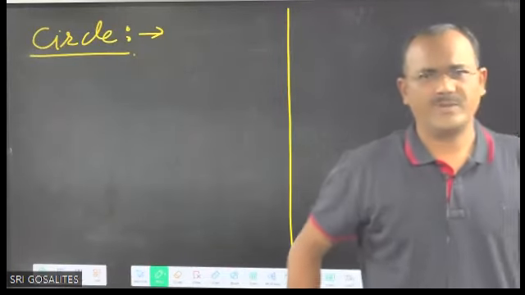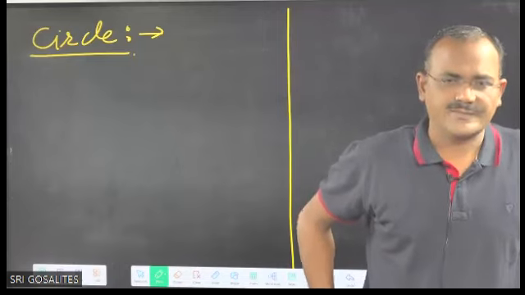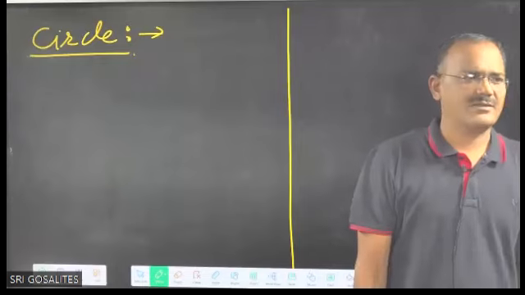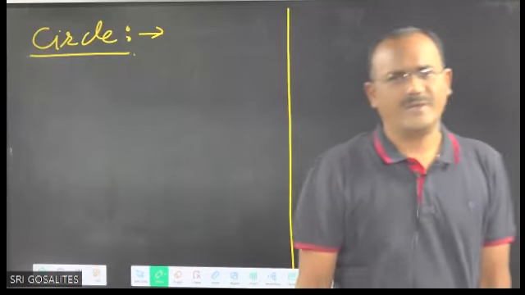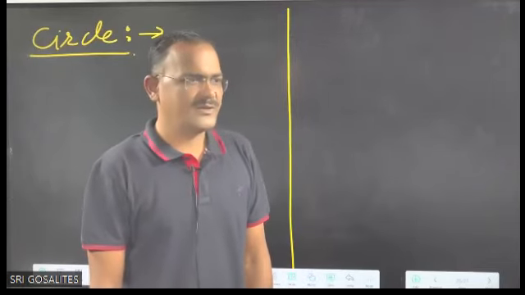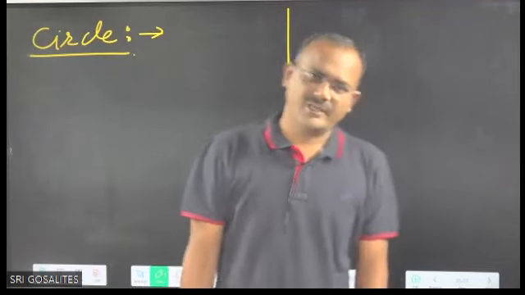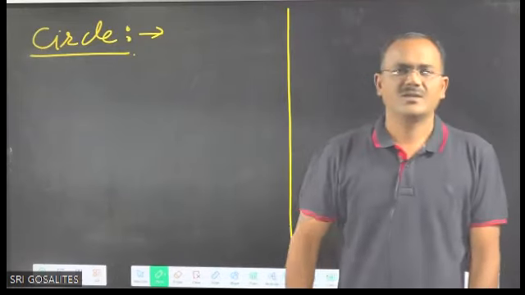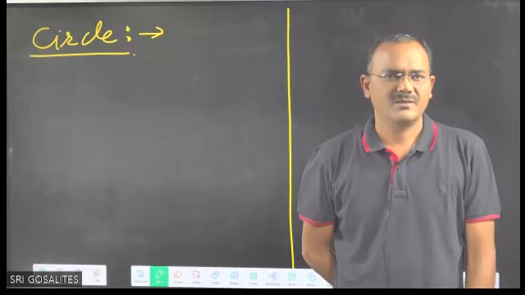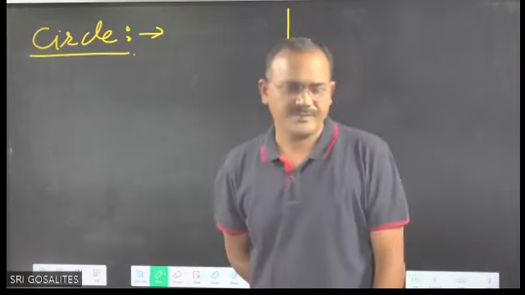Circle is a shape such that all of its points are at equal distance from a fixed point.